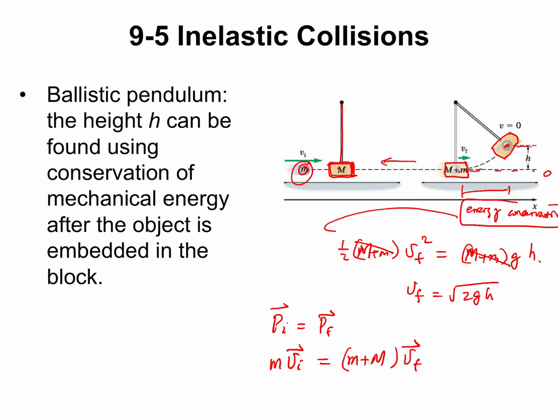So vi equals (M plus m) divided by m times Vf. Plugging in, vi equals (M plus m) over m times the square root of 2gh. So by looking at how high the ballistic pendulum swings, this h, you can figure out the speed of the bullet. That is how you figure out the speed of a bullet.